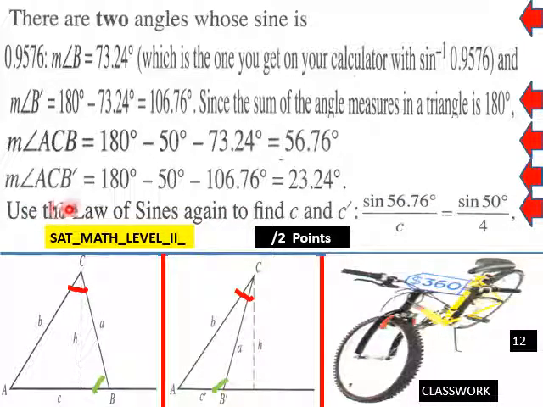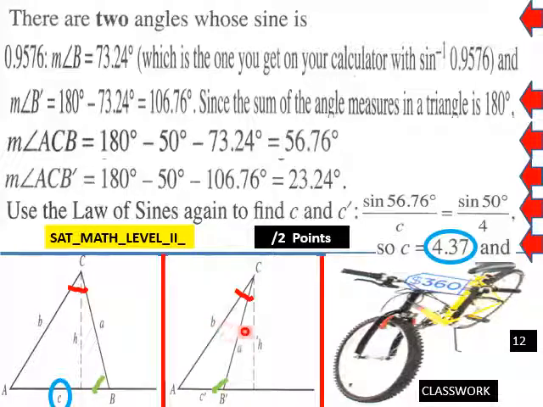So using the law of sines again to find C and C prime down here, here's C, and then here's C prime. So for C, it'd be sine 56.76 over C will equal sine 50 over 4. And when we work that out, we get C equals 4.37 in this case.